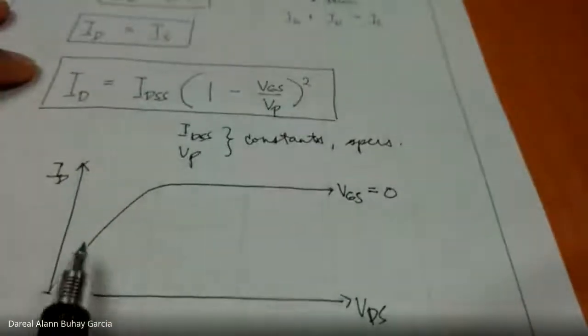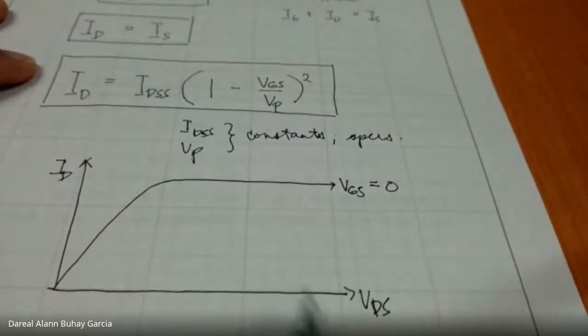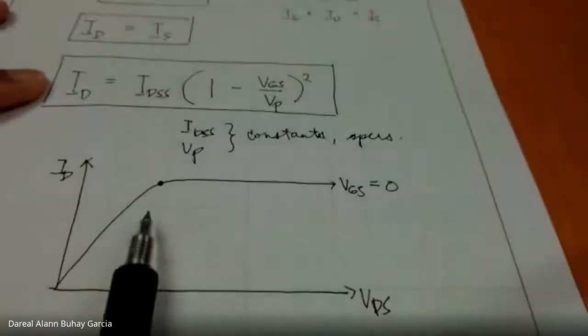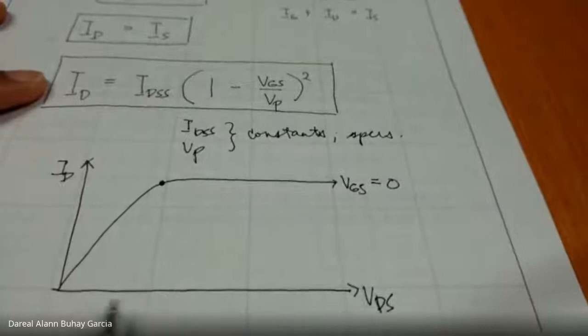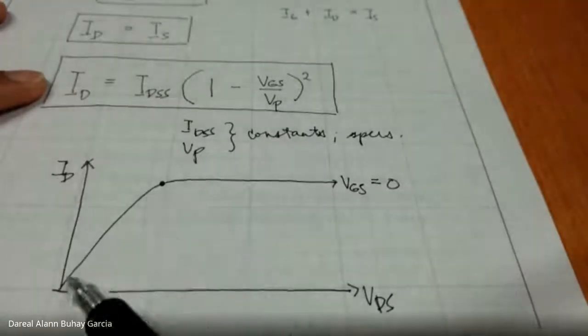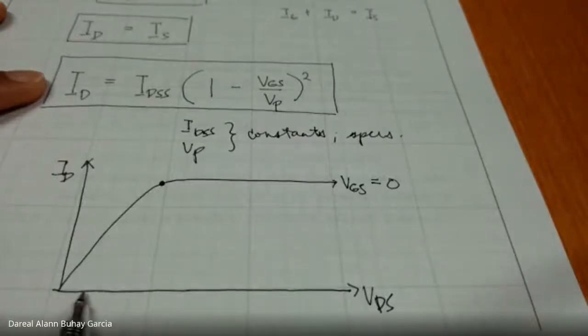At some specific point, somewhere right here, the value of our ID plateaus. At this point, the relationship is still fairly linear. At small VDS, small ID.